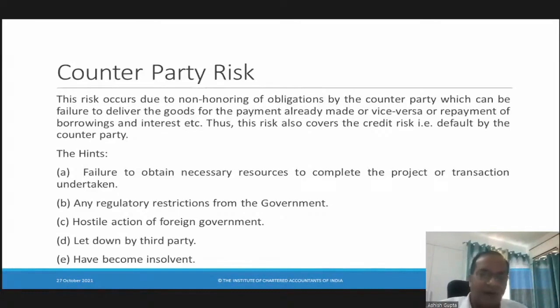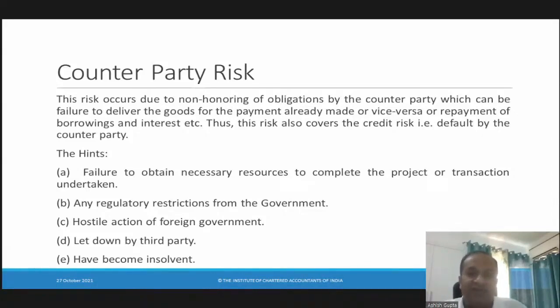First comes counterparty risk. Just read the slide carefully. The risk occurs due to non-honoring of the obligation by the counterparty, which can be failure to deliver the goods for the payment already made, or vice versa, or repayment of borrowing and interest.